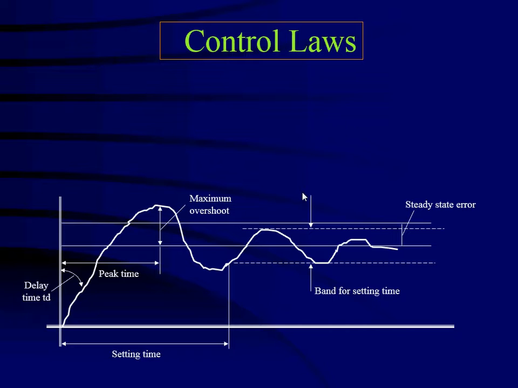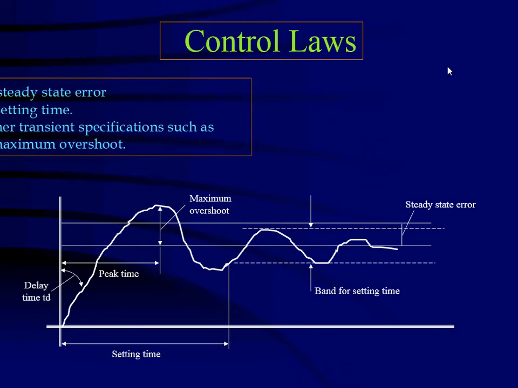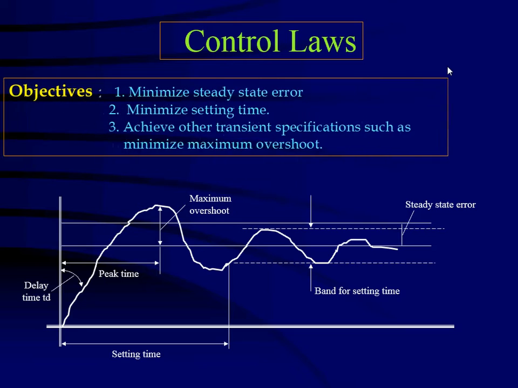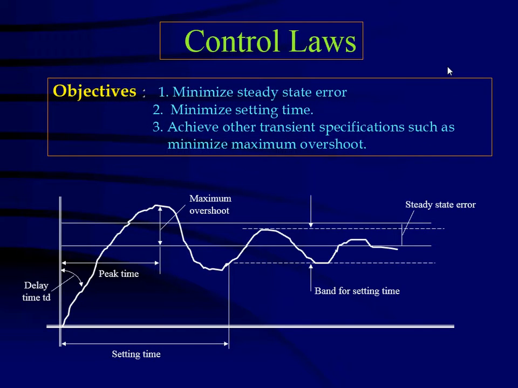So in general, if we put a test signal, like a step input, and we see all these things in here, we can say, I want to minimize the steady state error. I want to do better with the settling time, to be shorter or maybe longer, depending on what you're doing, and other specifications.